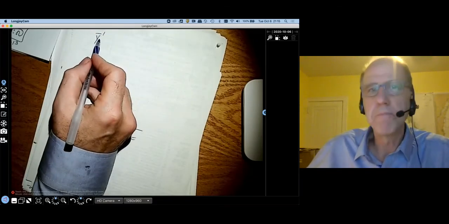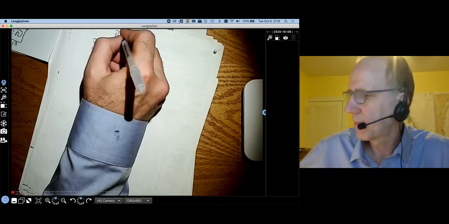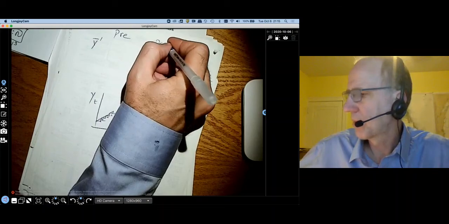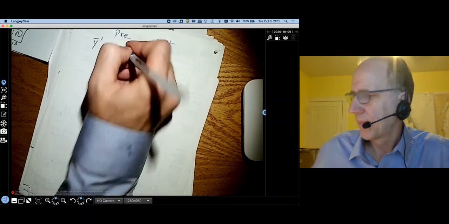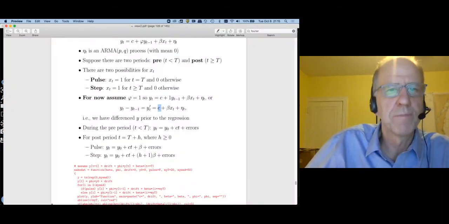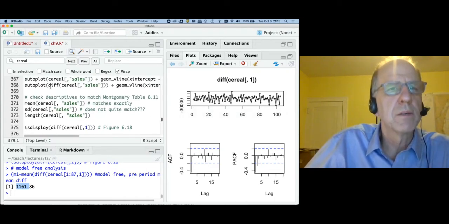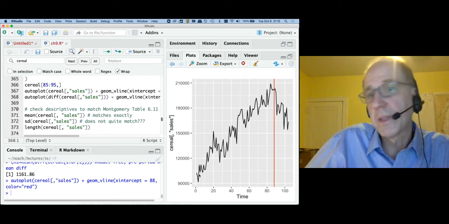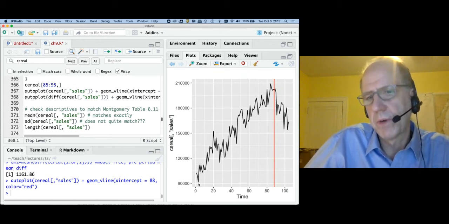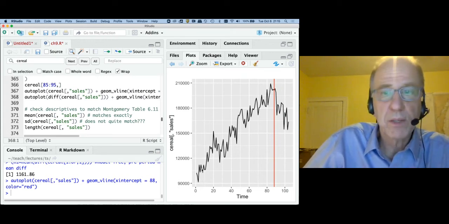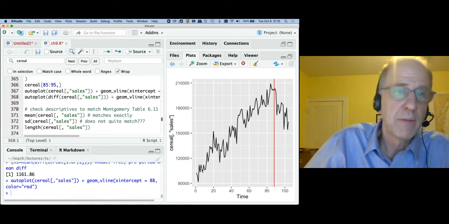We'll call this the mean of the difference in the pre-period, and we see a mean difference of 1161. If it helps, go back to the auto plot. We could think of this as the slope. So for a run of 1, we expect our sales to go up by 1161.